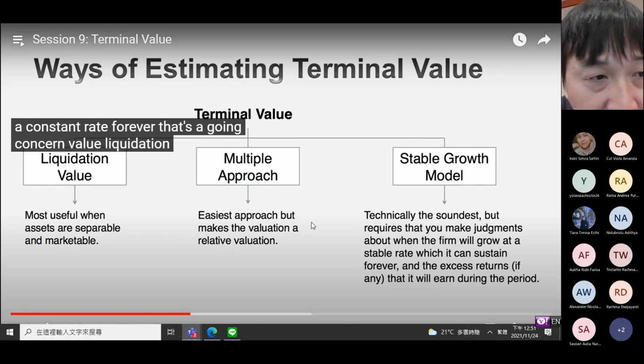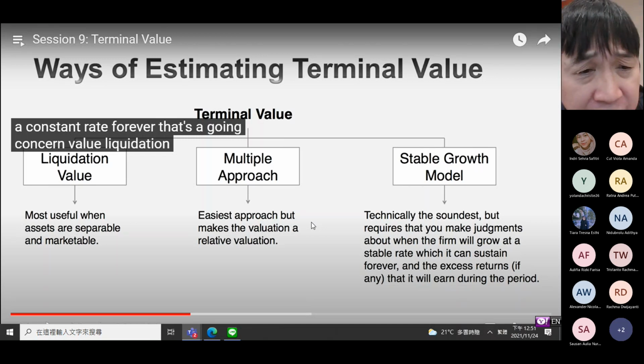So you either use the going concern value or the liquidation value.